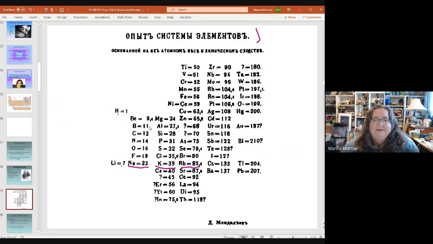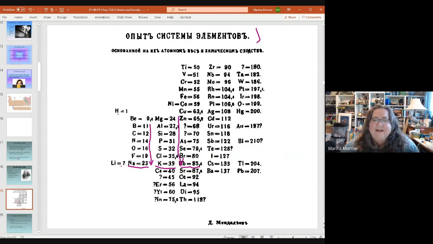First, he started off with mass. So increasing mass, because again, they didn't have atomic numbers yet. They didn't know how many protons there were. And so he started off with mass, but then he started to say, okay, I've got to start a new row, or column in this case, because they have the same properties. So anyway, he would assign the properties. Now, sometimes as he would go along, his rule, he would have to change it.